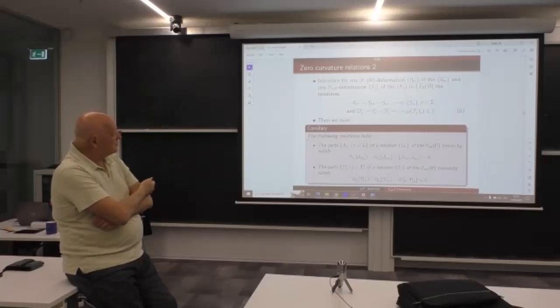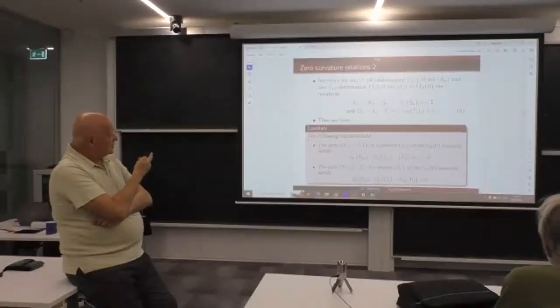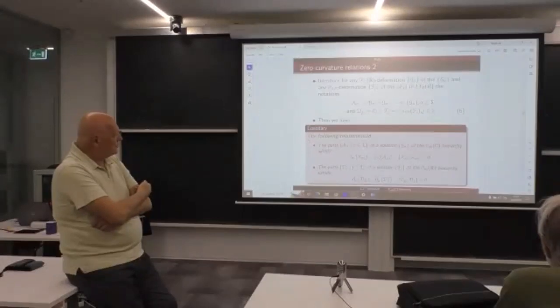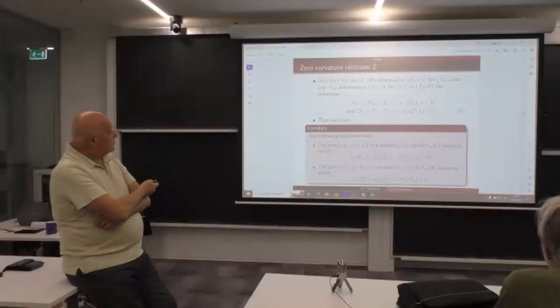Besides the B sigma, if you take A sigma as B sigma minus calligraphic G sigma, then the A sigma satisfy also a zero curvature equation. And the same for the real case, for the D j as C j minus F j. And you see the zero curvature equations down there.